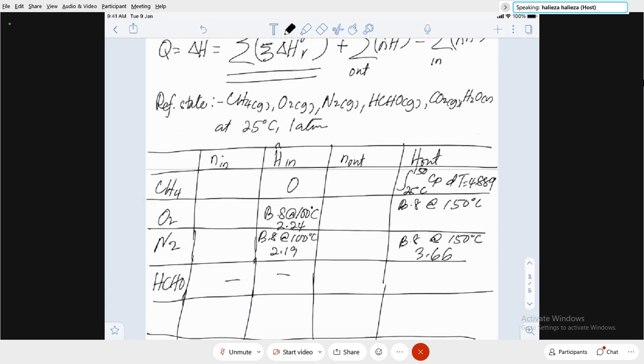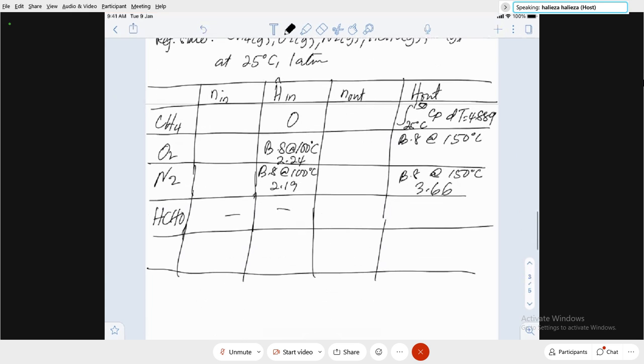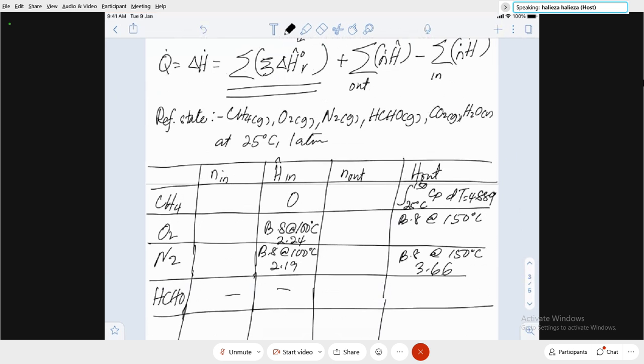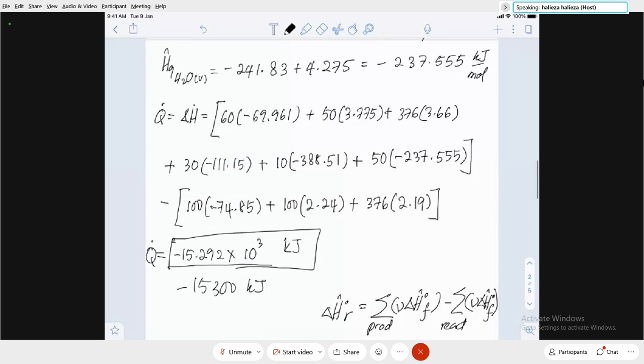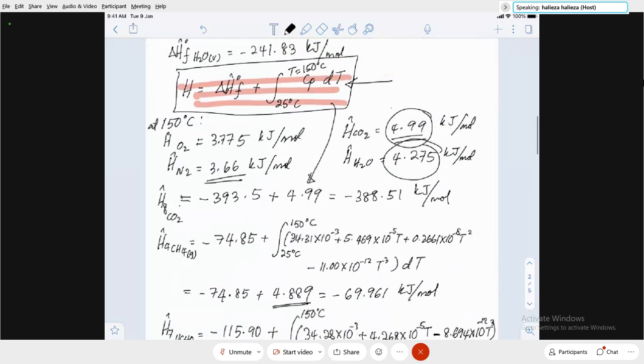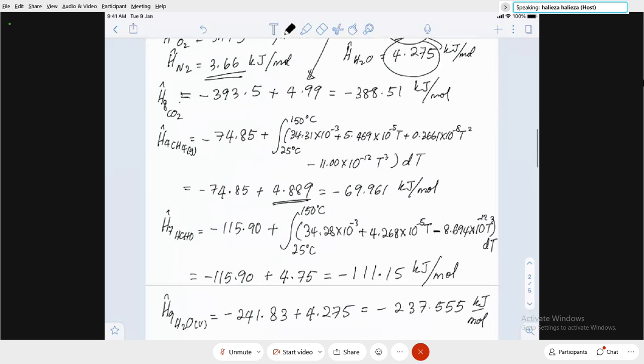That's the difference. For formaldehyde, you will be integrating from 25 degrees C to 150 degrees C, Cp dT. When you do that for formaldehyde, we did that just now. Where is it? Yeah, this part, 475.